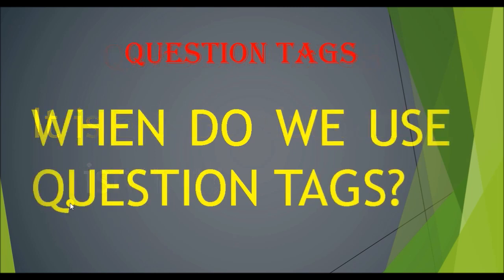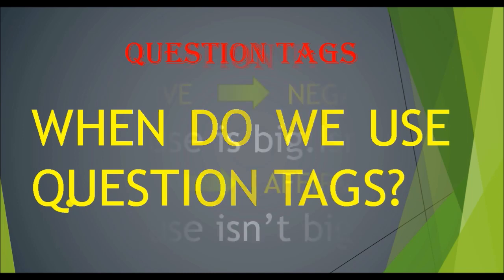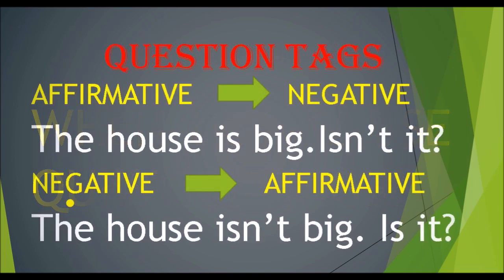When do we use question tags? For an affirmative sentence, we use a negative tag. If the statement is affirmative, we have a negative tag. Look, the house is big, isn't it?